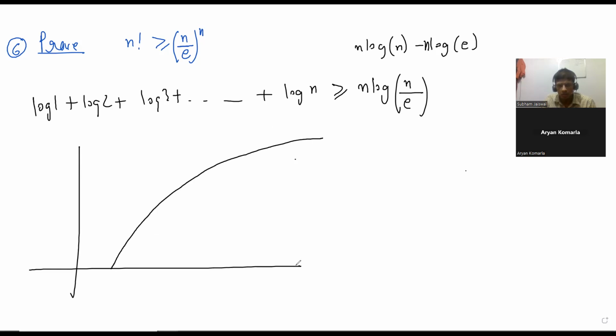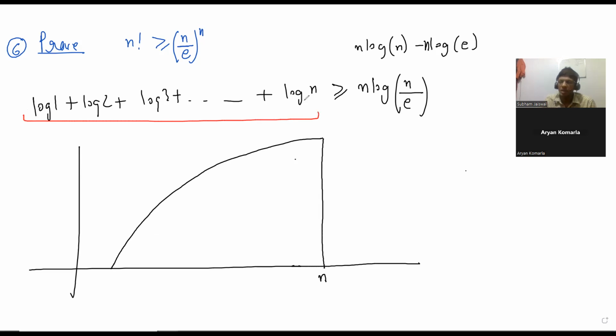This is roughly how it is, right? Then you go, let's say, all the way till n. Now this summation, we try to interpret in terms of area. This finite summation itself, not in the limit, we want to interpret in terms of areas. So how do we do it?